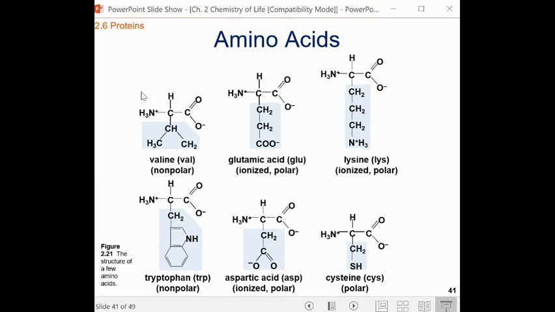And if you look at all of these different amino acids, each one of them has a very similar base. However, you can see these little hats that are hanging on the end of them that are highlighted in gray. And these are the special groups that help make the different amino acids different. And that's why when we assemble those different amino acids together, we get different shapes of proteins.